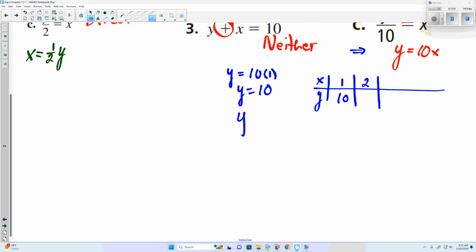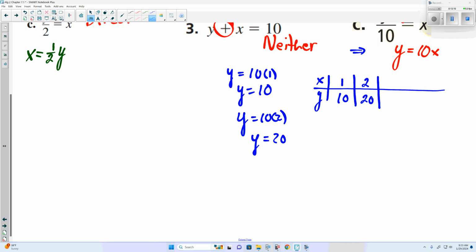When x is 2, so we can say y is equal to 10 times 2, 20. And we see here, as x increases by 1, the y values increase by 10. There's a constant amount, a constant change from one term to the next.